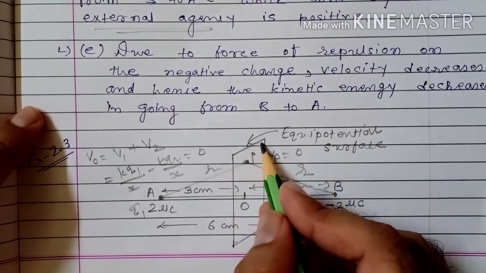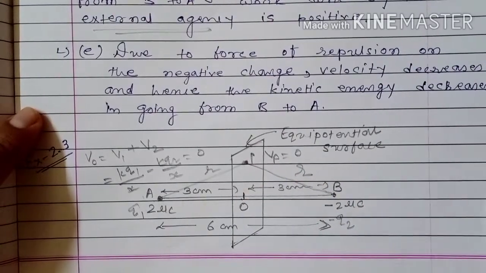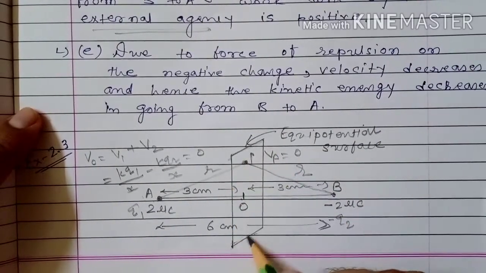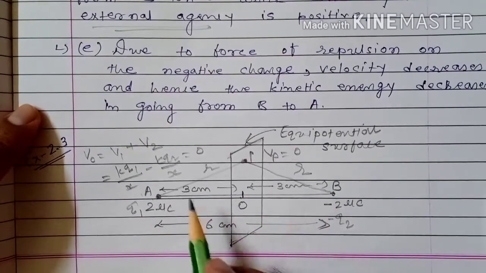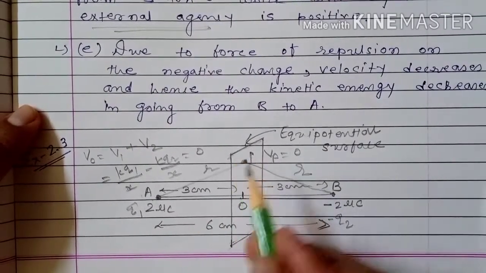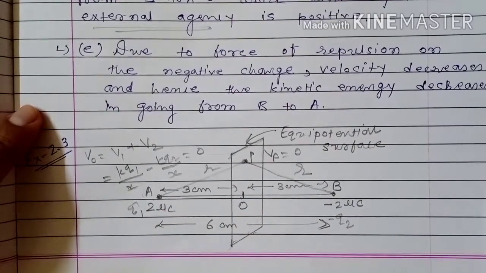Then we can say that this surface is equipotential surface. So equipotential surface is perpendicular to the line joining system of two charges and it will pass through the midpoint of the line joining two charges.